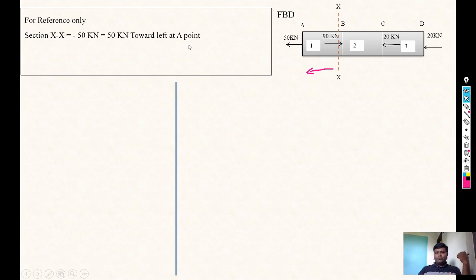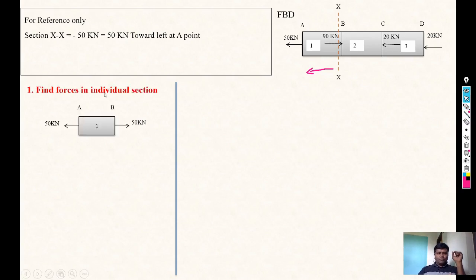Minus 50 kilonewton means that 50 kilonewton force is acting towards the left at A point for individual section AB. So on the basis of that force, just consider the force opposite at B point. Here we have considered this force towards left, so here towards right.